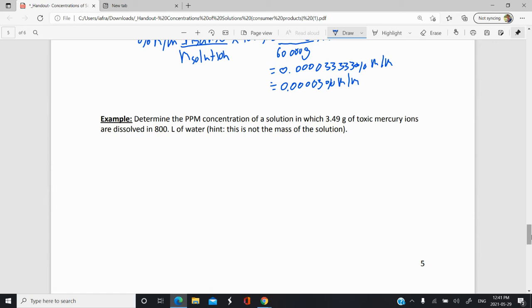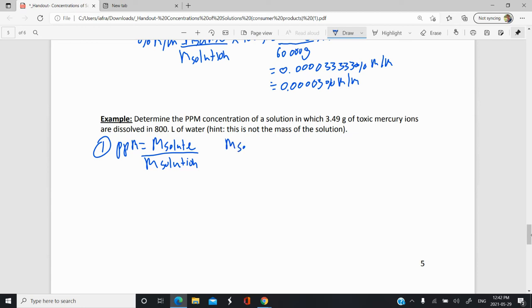So in this question, we need to know that ppm is equal to the mass of the solute, which is our mercury, over the mass of the solution. Now, there is an aside here.